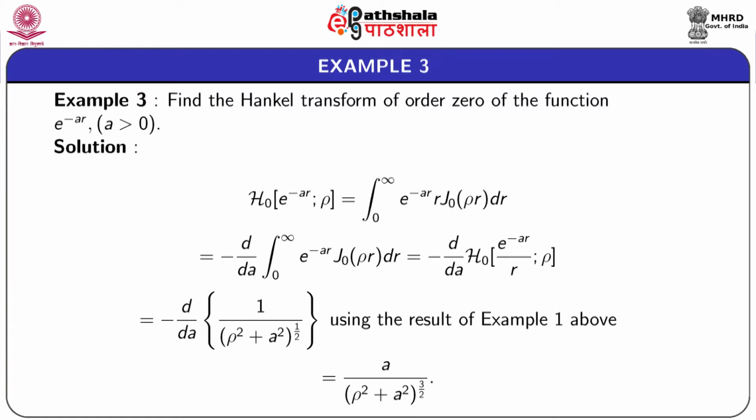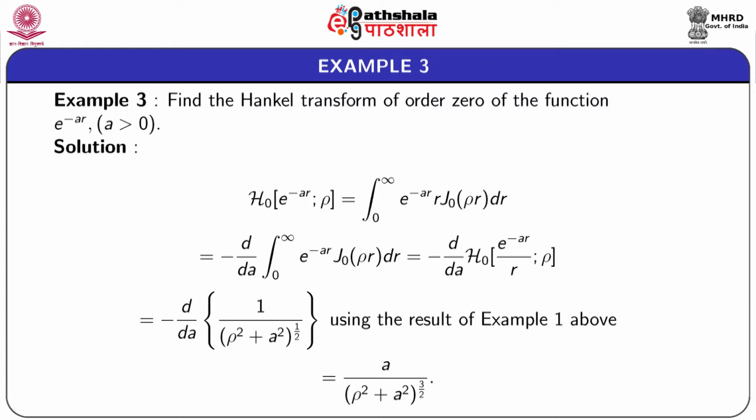Now, the integral is the Hankel transform of the function e to the power minus a r by r. So, the Hankel transform of e to the power minus a r is equal to minus d by da of the Hankel transform of e to the power minus a r by r.